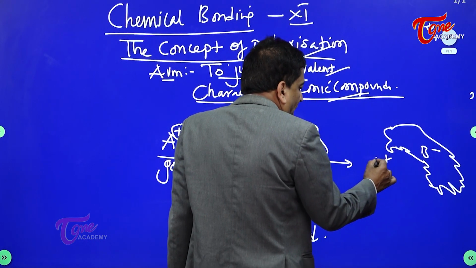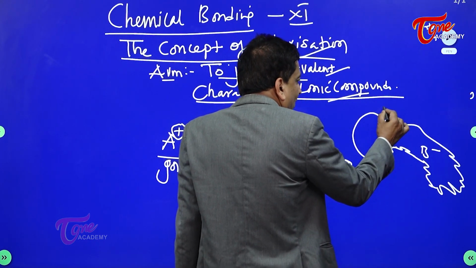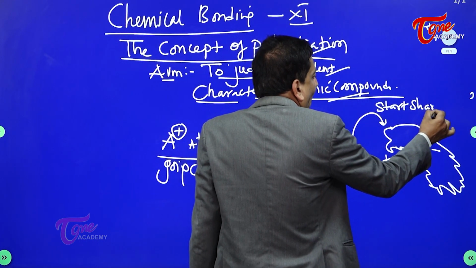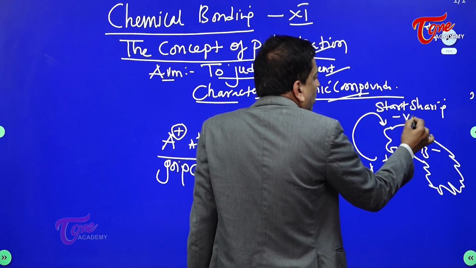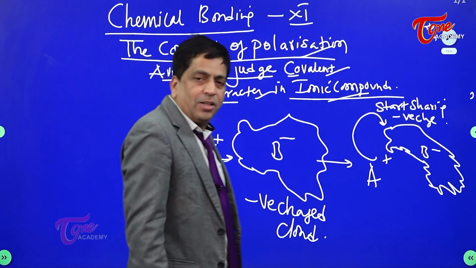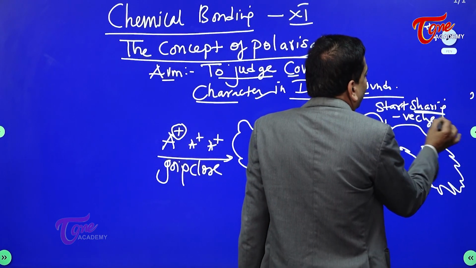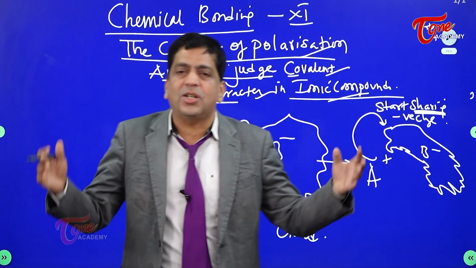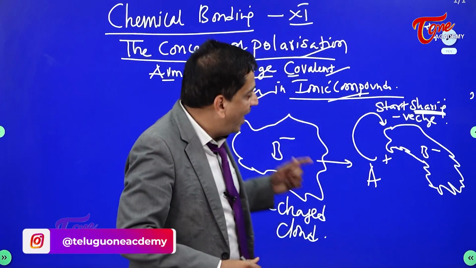And what it will do, it will basically start sharing the negative charge. And I would like to underline here the sharing part. When you go close to an anion and start sharing its negative charge, then what happens?